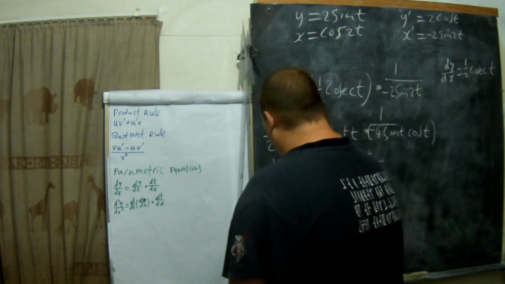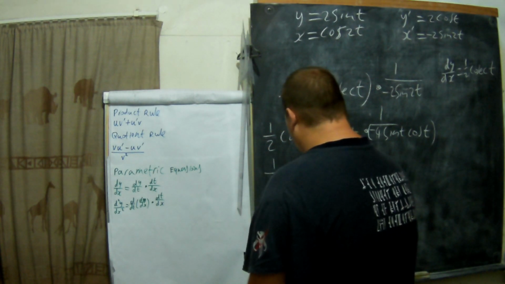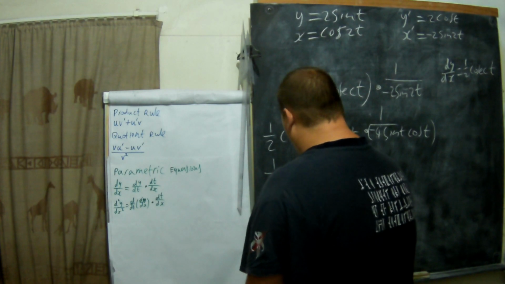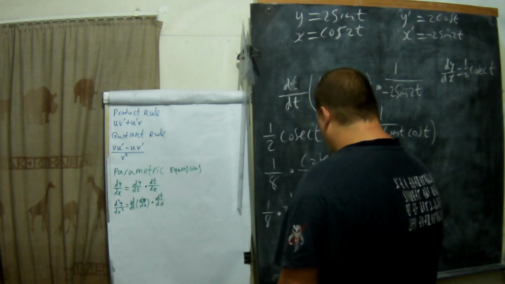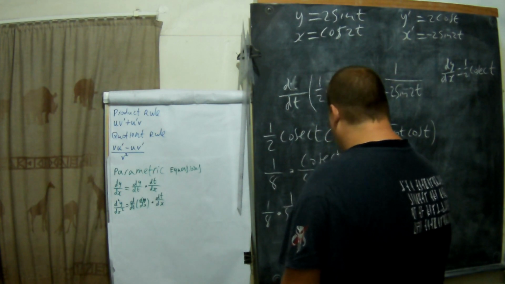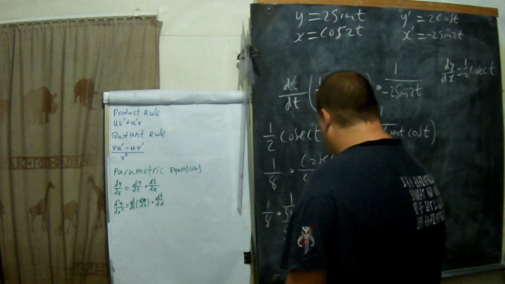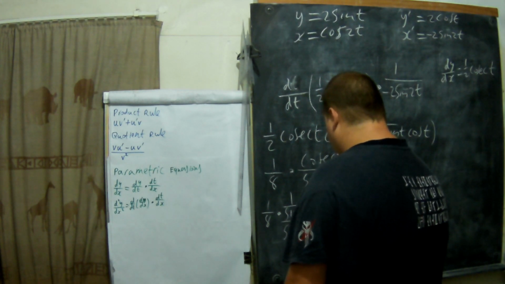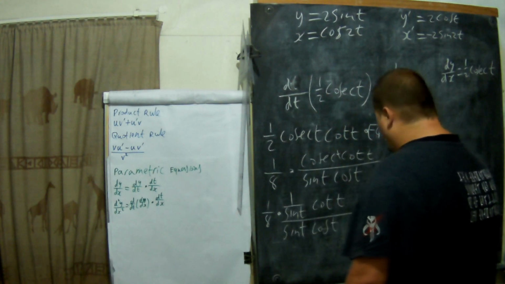Now what we do is 1 over 8 multiplied by cosec, which is 1 over sine t, cot t, all over sine t cos t. And cot is cos t over sine t.